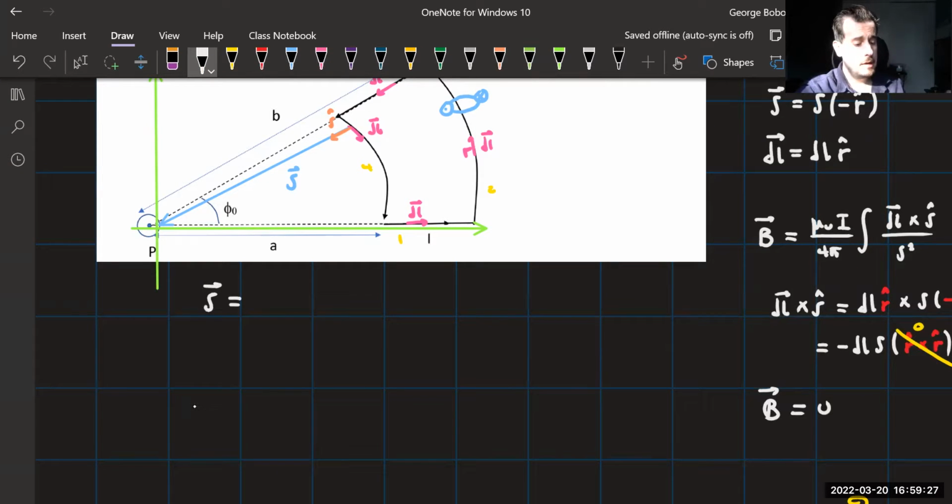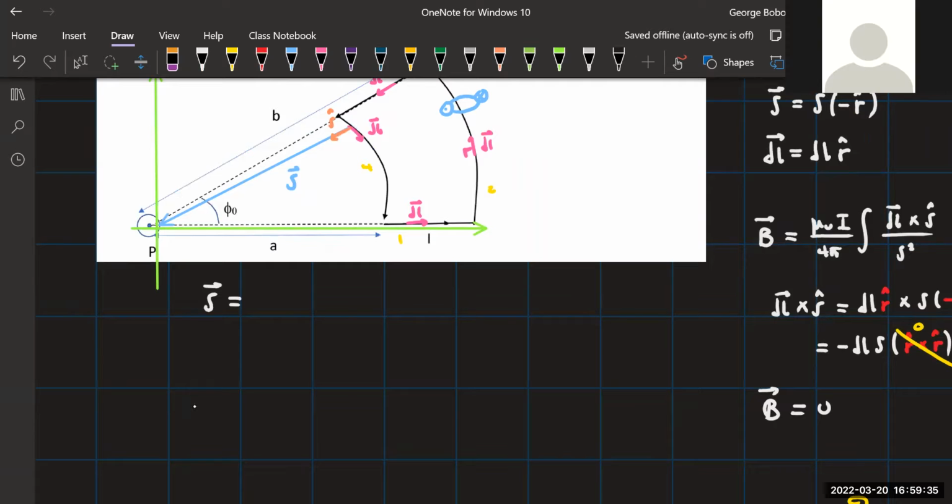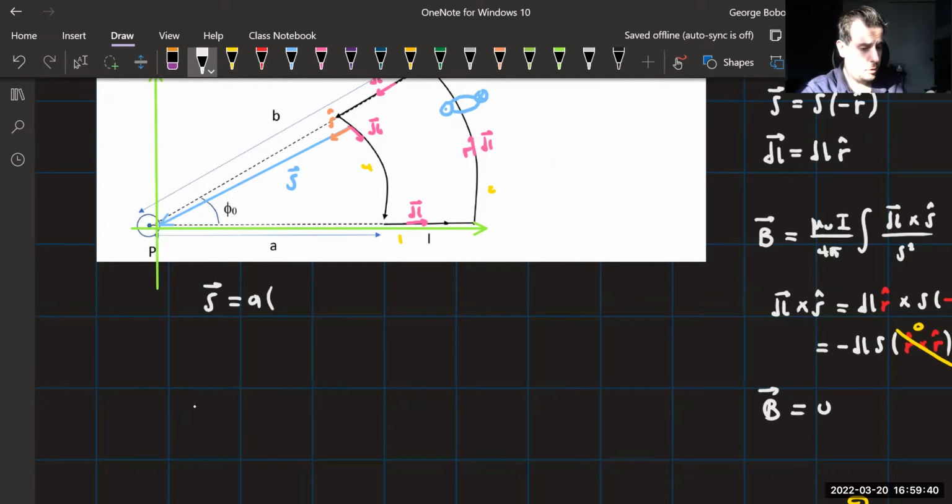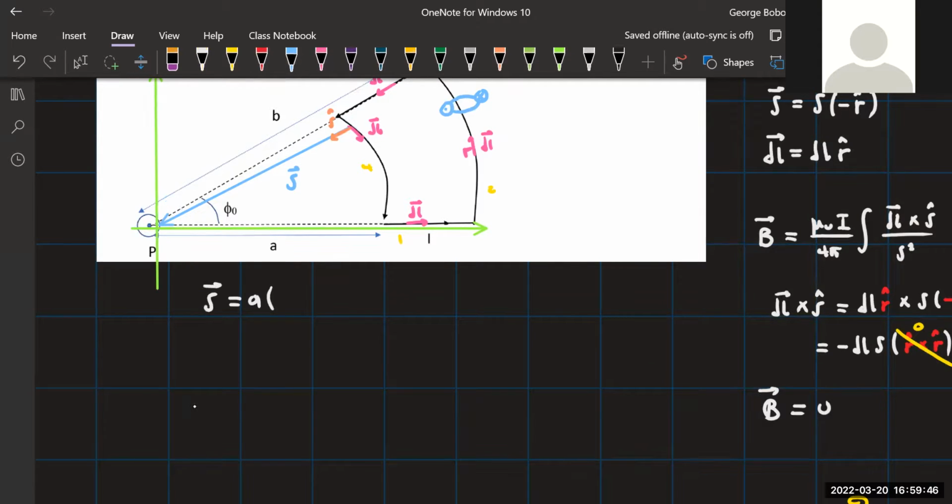Kelly, how big is this R vector throughout this segment here? How big is that? The size of it? A. And the direction, where is it always pointing as we integrate along here? Negative R hat. Good.